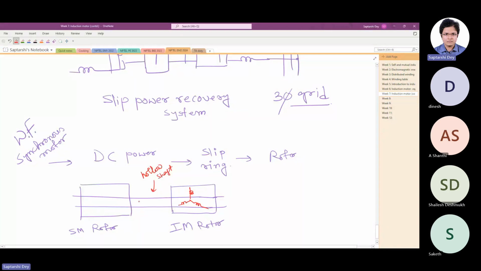In the shaft itself, there is a rectifier. This rectifier is placed inside the shaft and rotates with the shaft. It gets power from this induction motor rotor and sends it to the DC field of the synchronous motor rotor.